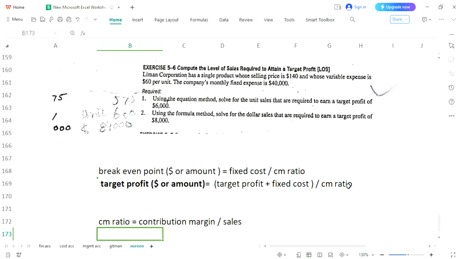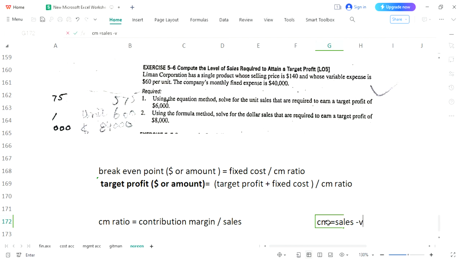Alright, since total sales and total contribution margin are not given, what we do is we calculate them ourselves. And for the contribution margin formula, again you will have to see, the CM formula is to subtract variable cost from sales.